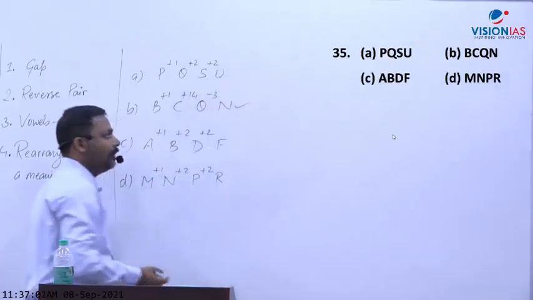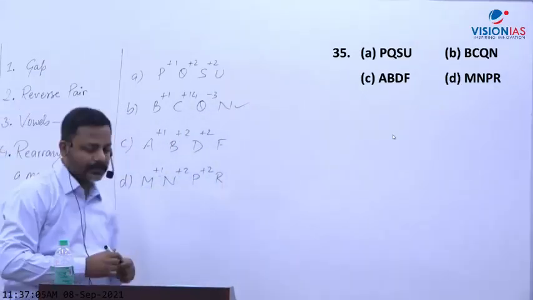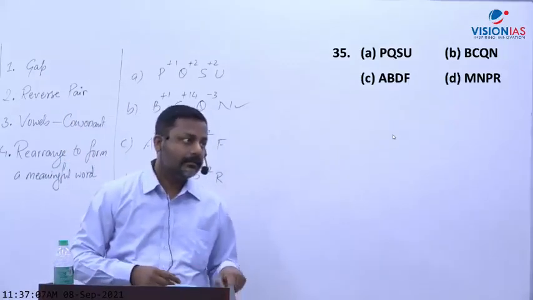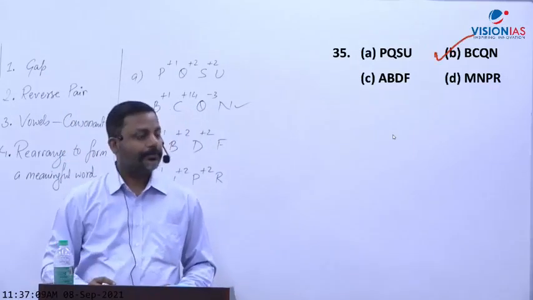But in option B, there is a difference of 1, plus 14 and minus 3. So the answer is option B.